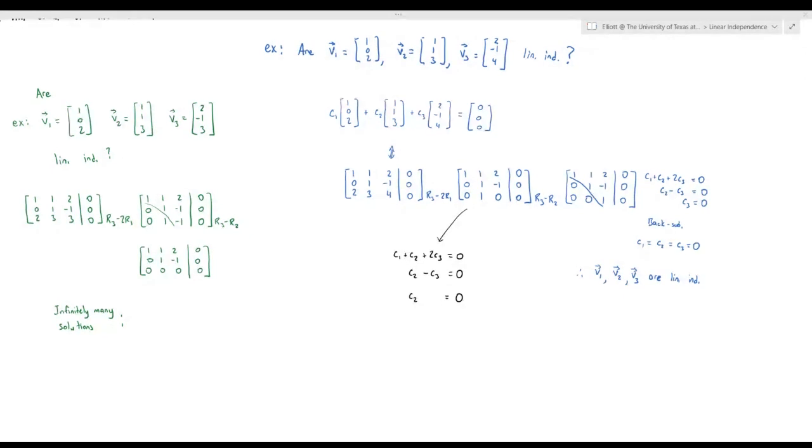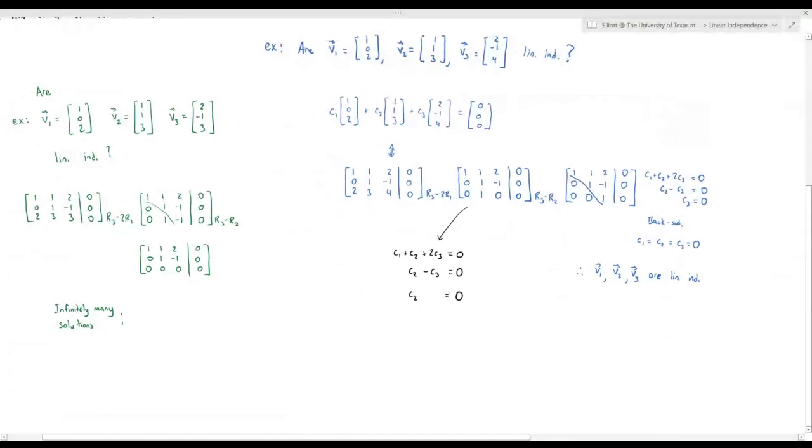You haven't really done too much with the situation where you have infinitely many solutions. After the first exam is when this class usually delves more into that situation.